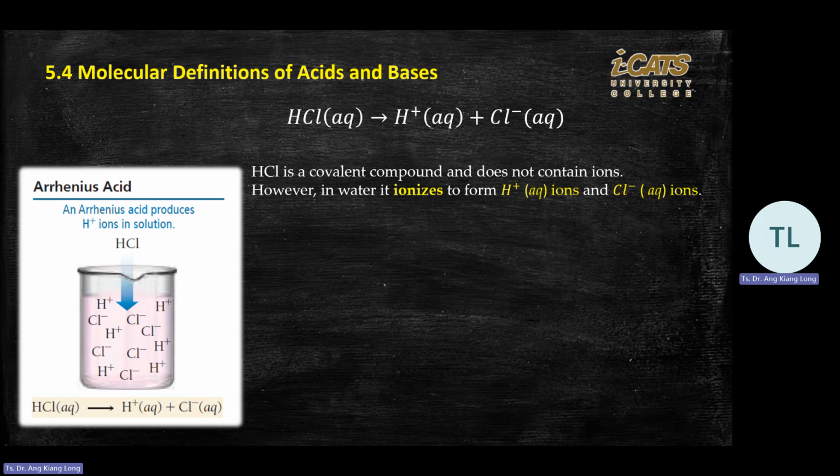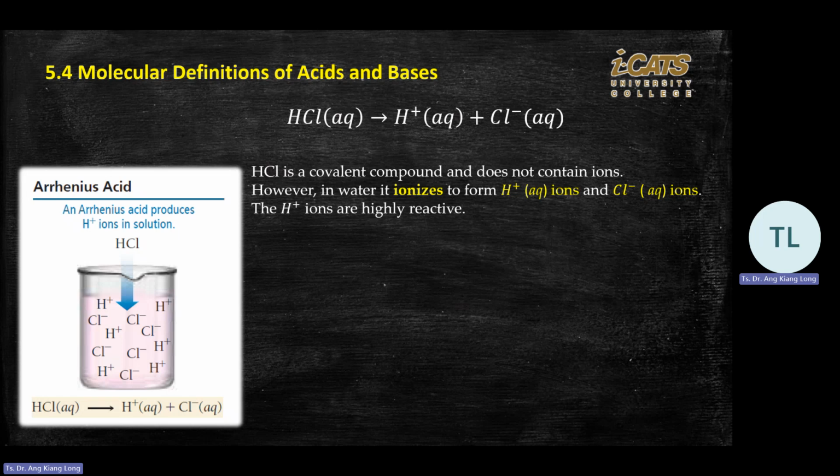We start to look into water. HCl is a covalent compound. What breaks it into ions is water. Water makes them into ions. Water ionizes it. So H plus ions are highly reactive.